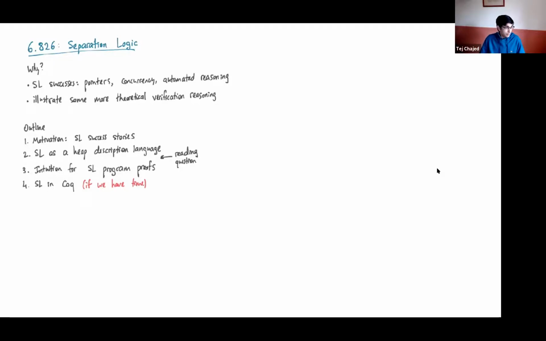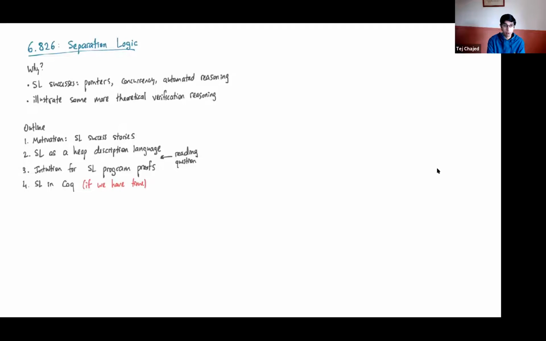Okay, so hi everybody. Today I'll be giving a lecture on this paper on separation logic. So why are we talking about this paper? Mainly it's because separation logic has been a great success story in verification. It's helped solve a variety of problems, including reasoning about pointers and reasoning about concurrency.